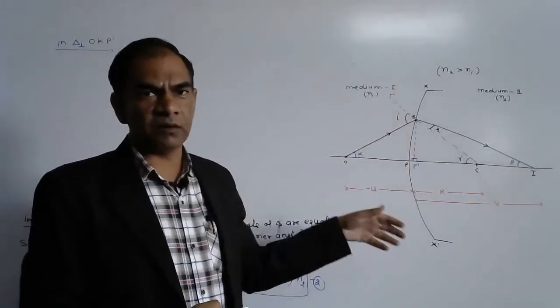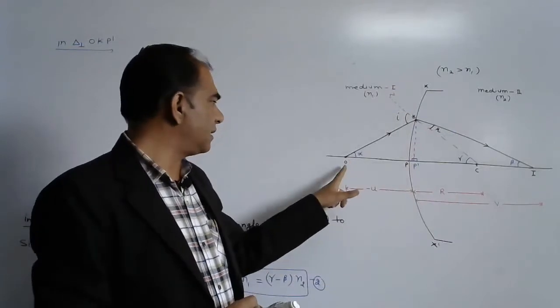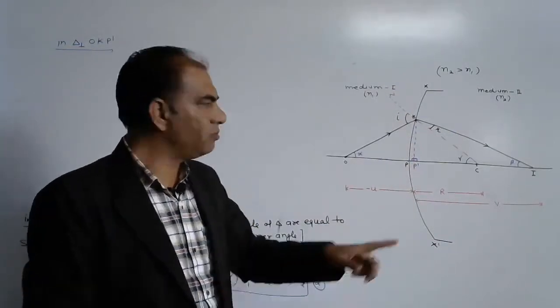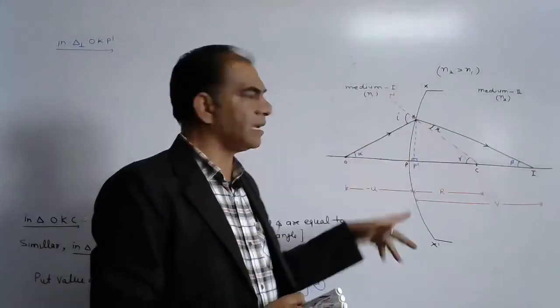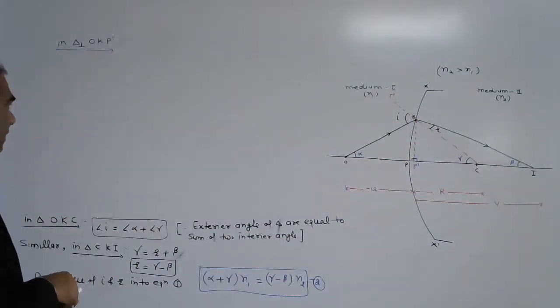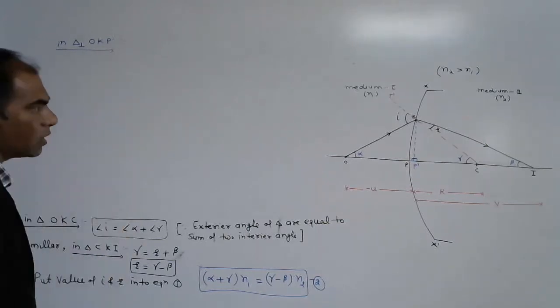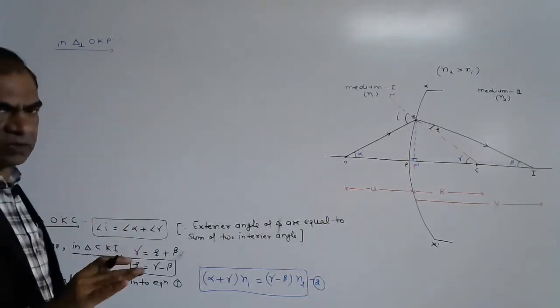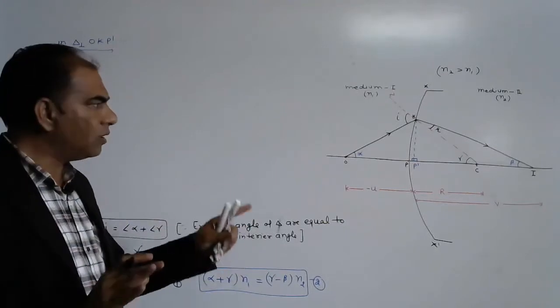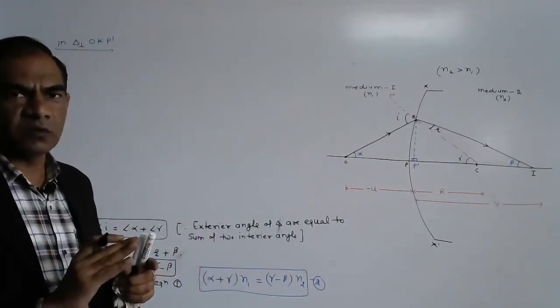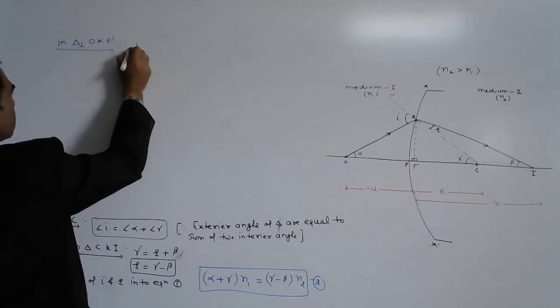We draw a normal on the principal axis. Then the right angle triangle is OKP dash. Similarly, CKP dash and IKP dash are different right angle triangles. So first we take OKP dash. In the case of OKP dash, we never use the hypotenuse, only the perpendicular and base. So we take tan theta.